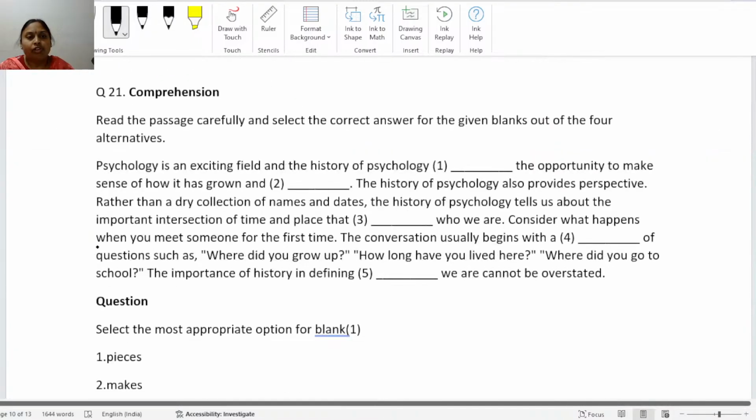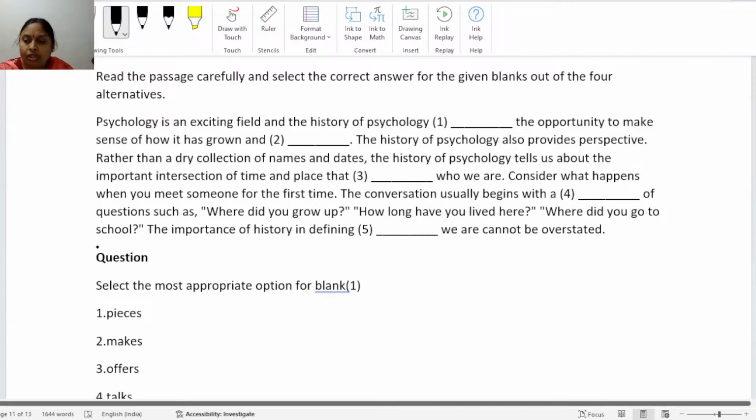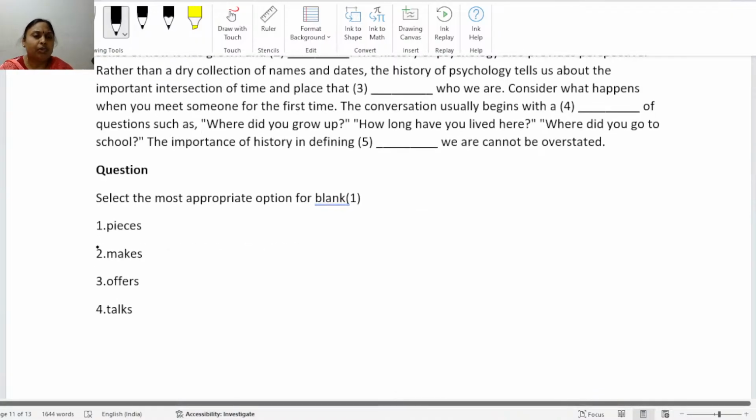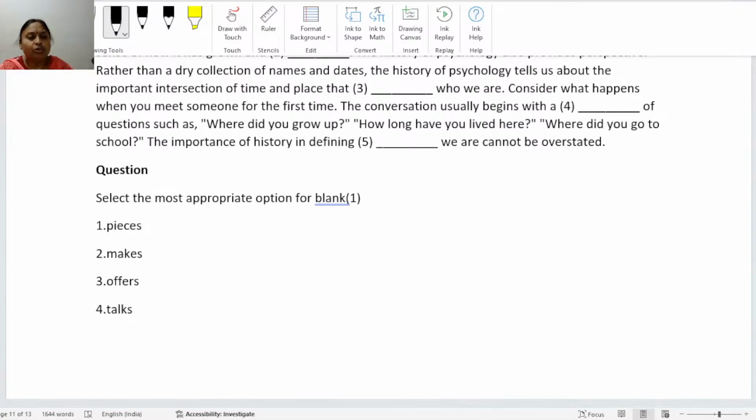So next we will go for the comprehension type questions. 21st question. Psychology is an exciting field and the history of psychology. So here fill in the blank is given. Select the most appropriate option for the blank. Pieces is a small part. Makes is nothing but create. So offers means it is going to provide something.